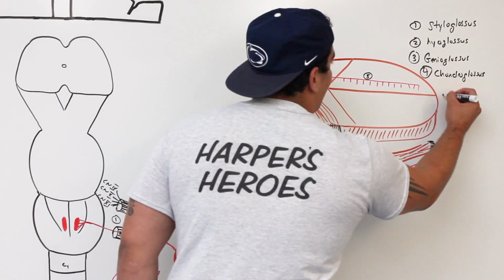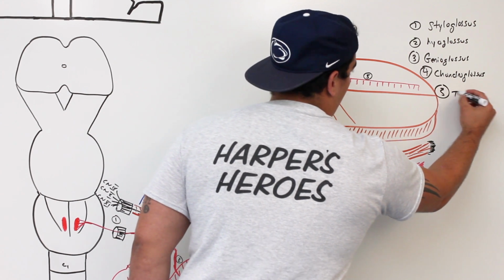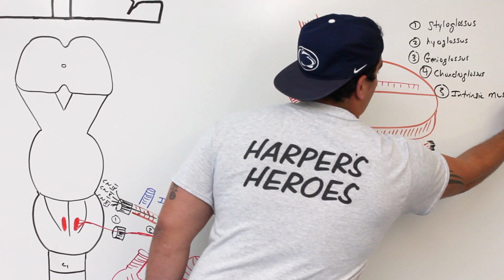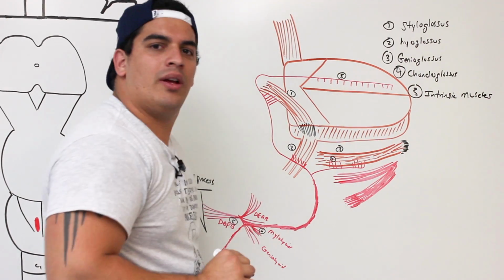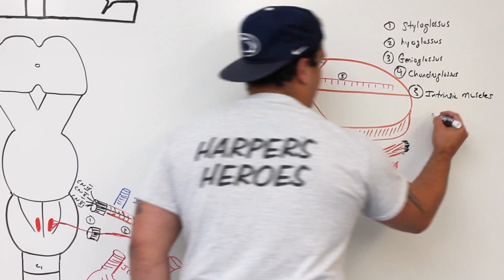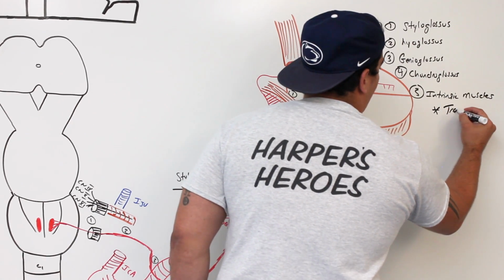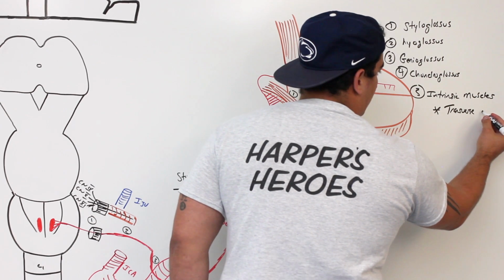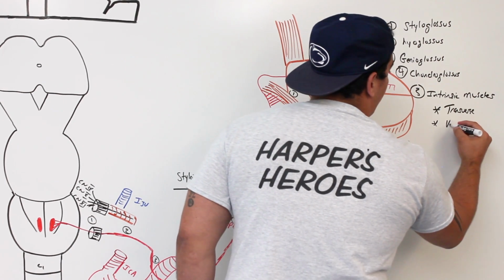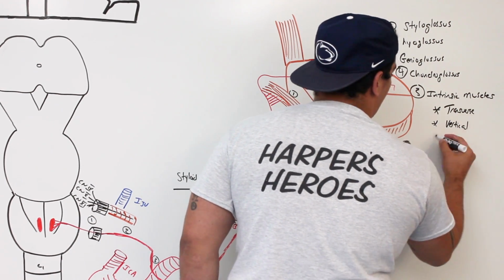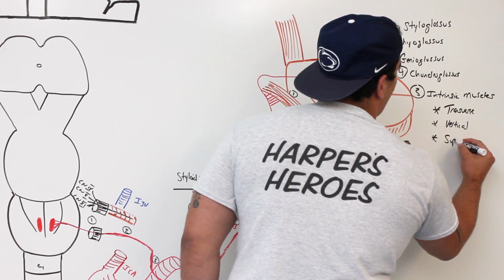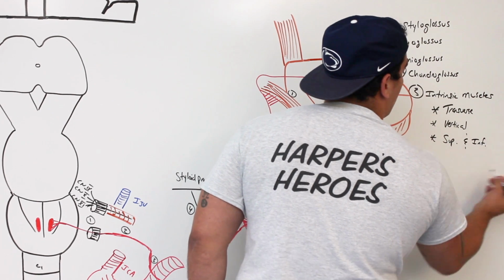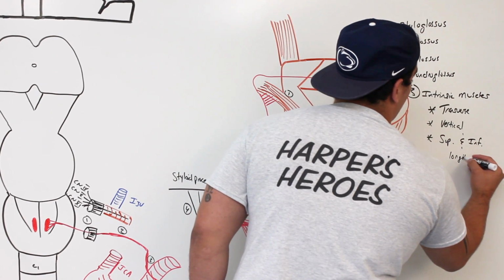Then it supplies the intrinsic muscles of the tongue. The intrinsic muscles of the tongue. You guys want to know it? Yeah, you do. All right, so what are those muscles? So it can supply the transverse muscles of the tongue. So the transverse lingual muscles, the vertical lingual muscles, the superior and inferior longitudinal muscles of the tongue.